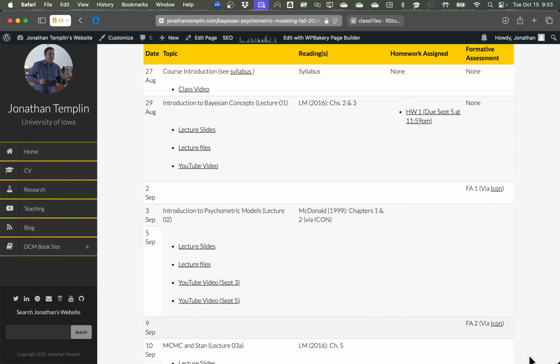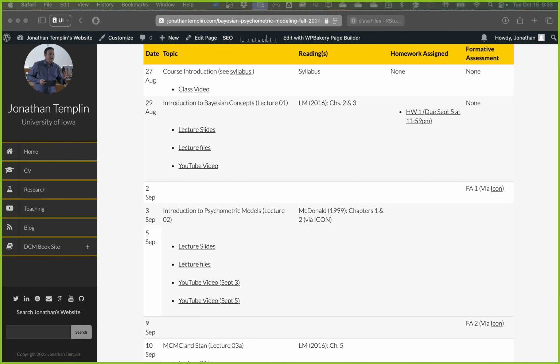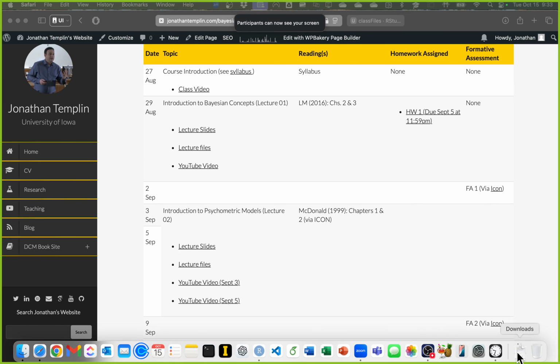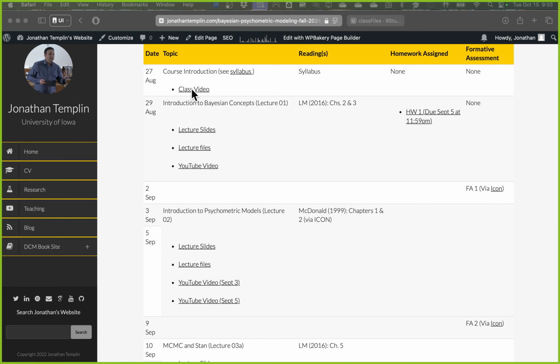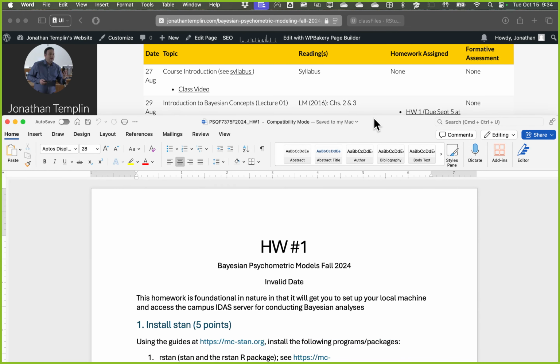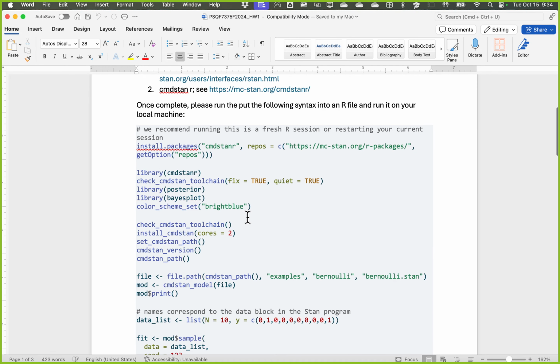Let's see. Hang on one second. Let me share my screen. And I'm going to grab the homework real quick. Or try to at least. My mouse is going somewhere else. I don't know why Word takes the longest to open on my Mac, but it does. And of course, when it opens on a different screen. Here we go. Okay, which part? Oh, that's homework 1. What am I doing?